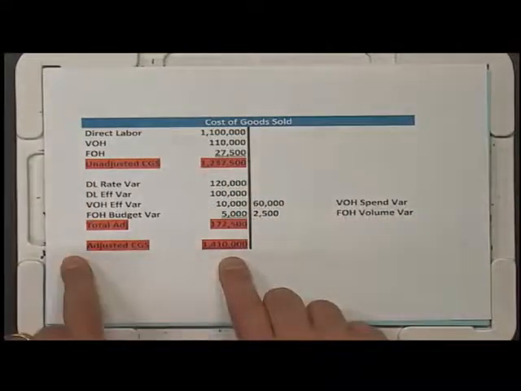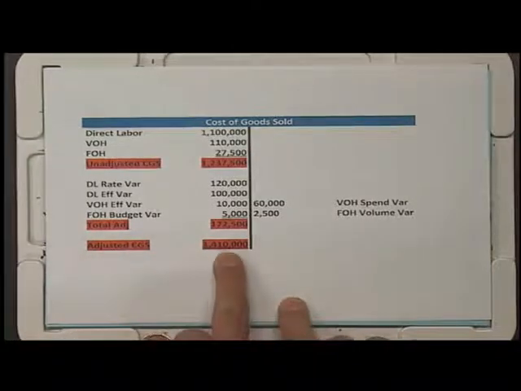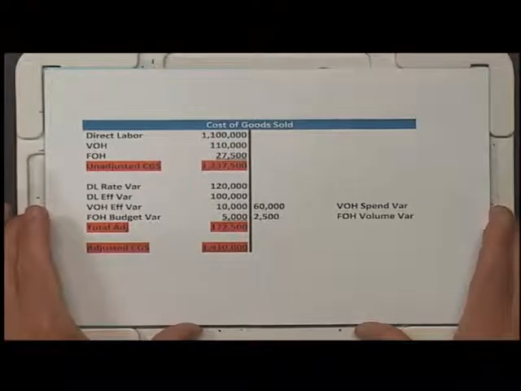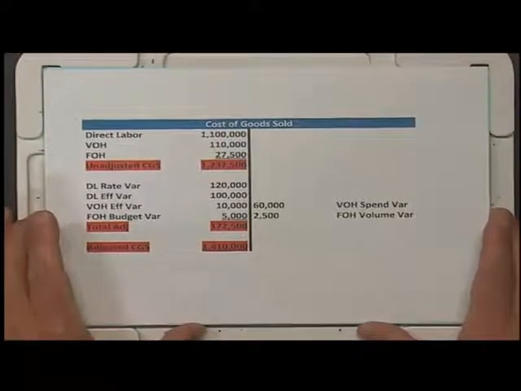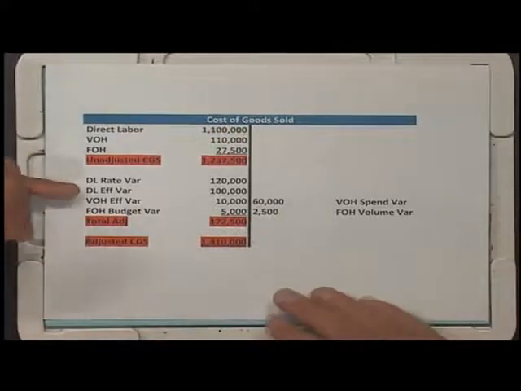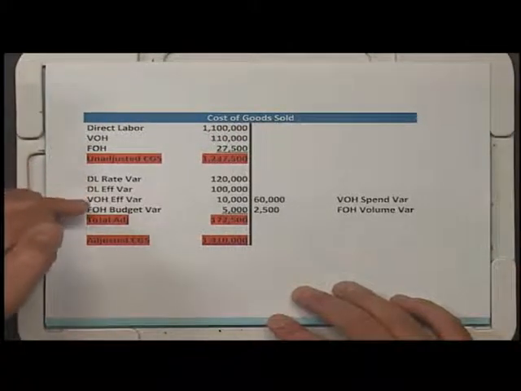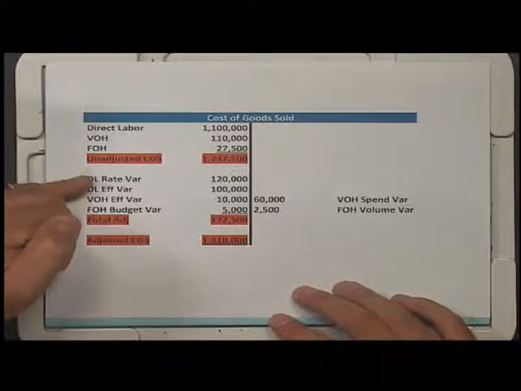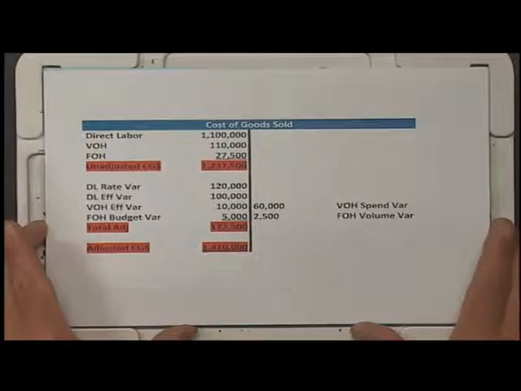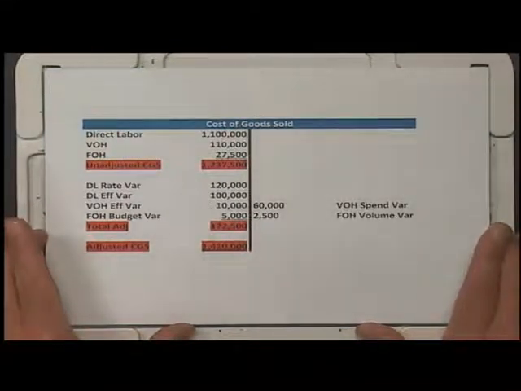And all those adjustments get us to a much higher adjusted cost of goods sold of $1,410,000. Again, the key lesson here is that for firms that care about isolating the responsibility for cost overruns and underruns, we now have a line that adjusts cost of goods sold for many different reasons. Right here you see 6 different reasons that our costs may have been too high or too low.